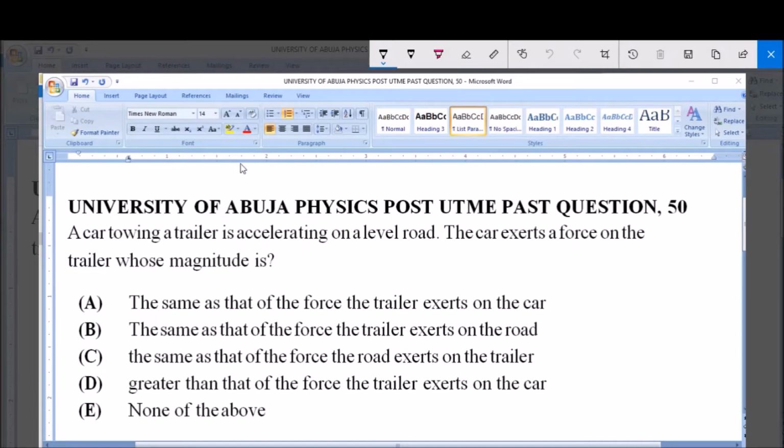Now, mostly what I tell my students when you are faced with a question like this, a question of this magnitude, you take note of the tenses that are being used. Firstly, it said a car towing a trailer. What does it mean for a car to tow a trailer? It simply means towing is kind of an attachment with a rope. Let's say this is the trailer and then this is a car.